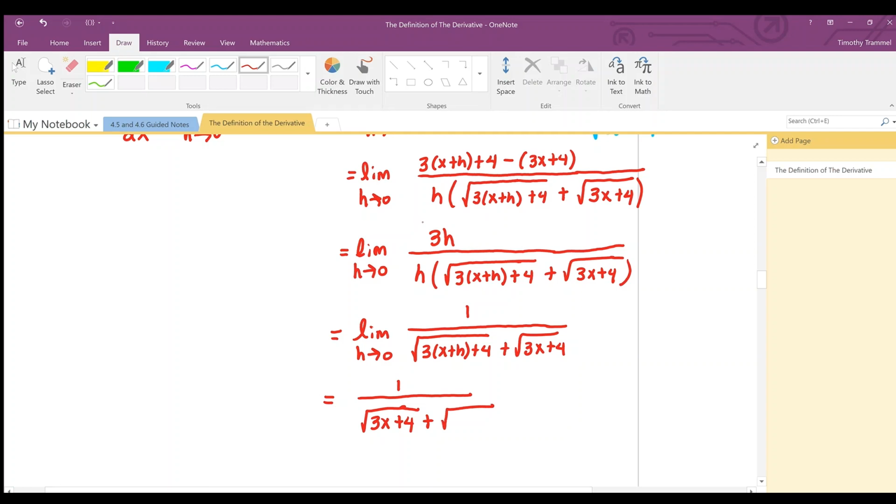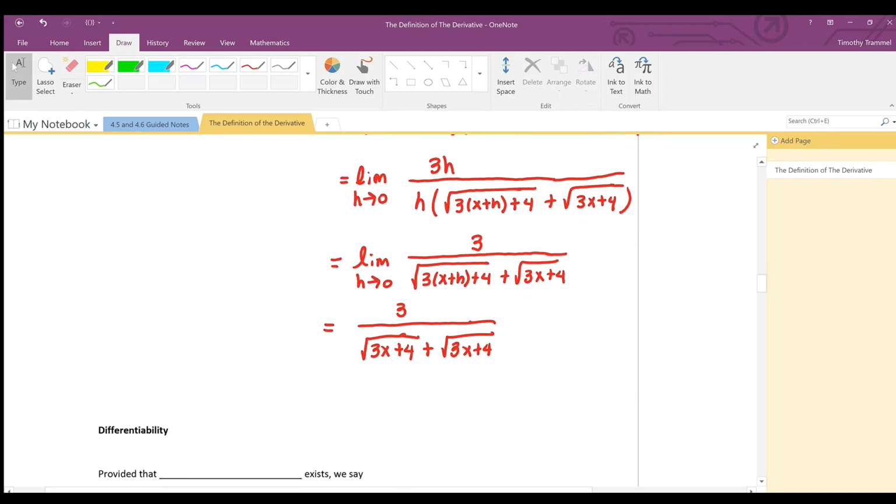And I just realized I missed a factor of 3 up here. Let's go ahead and fill that back in. So only the h is canceled. I should have a 3 here and a 3 right here. Okay. And then here we had 3x plus 4. There we go.